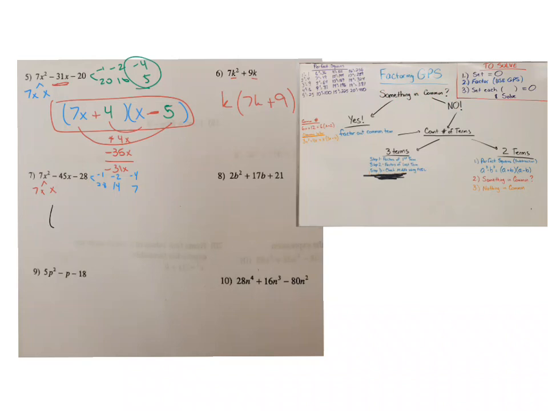So when I write my parentheses, I know I have to start with 7x and x. Even though I'm going to guess negative 4 and 7, I am not going to put the 7 here. If I put the 7 here, both of these would have a 7. And that didn't happen earlier. That would mean they have something in common in the parentheses now, and I don't in the original problem.